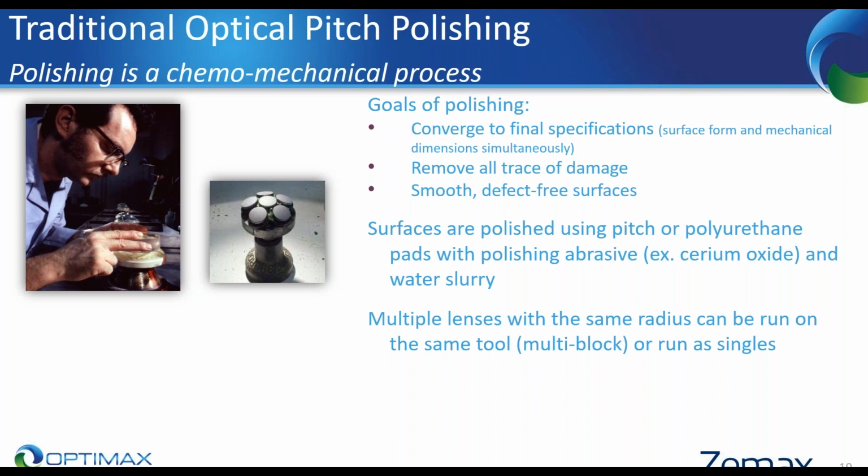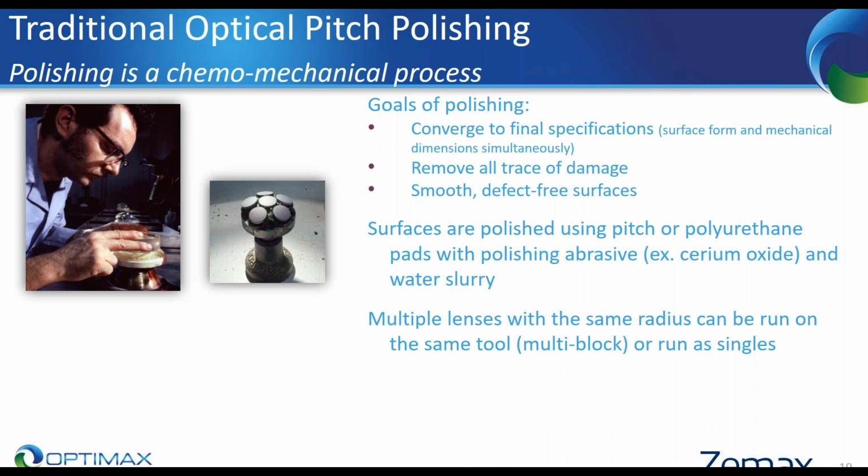Typically, surfaces are polished with either pitch or polyurethane pads. Pitch is a viscoelastic polishing pad that is really a very unique substance. The best thing to equate it to is actually asphalt without the rocks in it, because it slowly moves over time, which is one of the things that make it most useful for polishing.